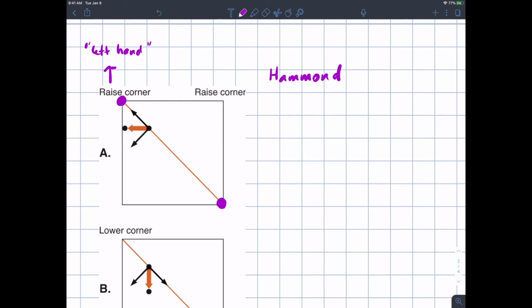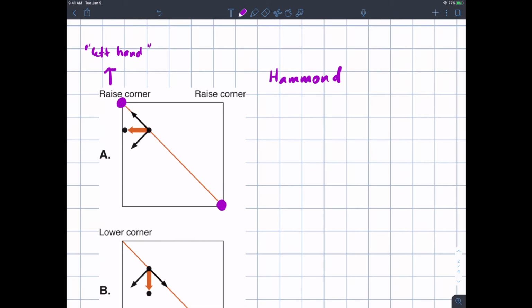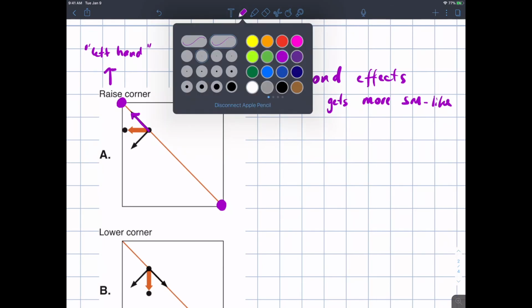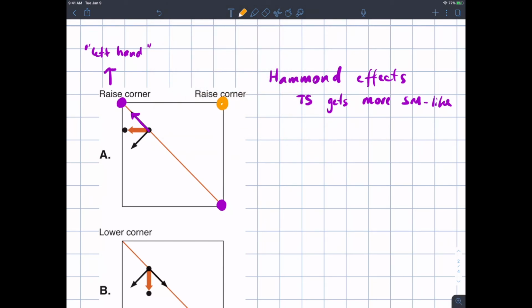So when you start to make changes at the corners that correspond to the diagonal, you start to get what are called Hammond effects. That is, if we raise the energy of the starting materials, our transition state gets more starting material-like.